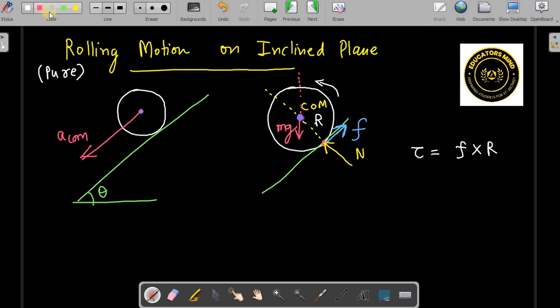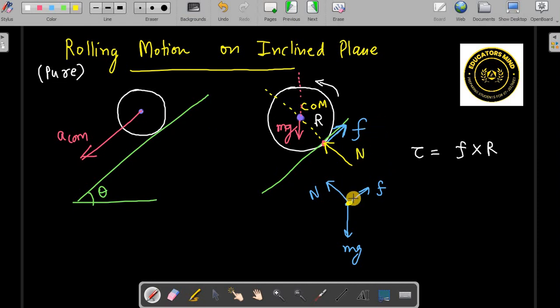If you see the resultant force, let us draw the vector diagram of forces. mg is acting like this. I am just drawing the force vectors. Friction will be this, normal will be this. This is just the force vector, not the actual diagram. The actual diagram is shown in this figure.